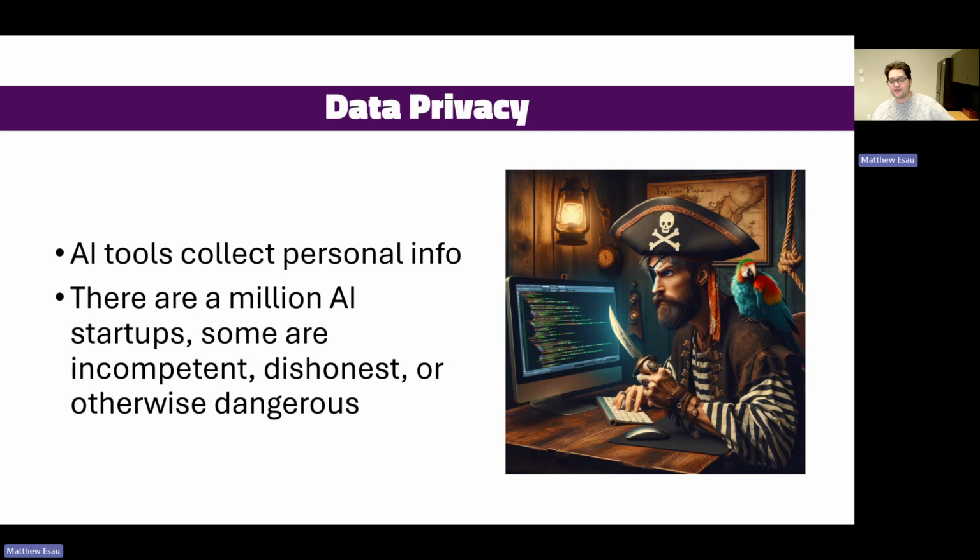And there's a million AI startups, most of which are, I'm sure, very honest and moral. But with so many and with so much money at stake, there's going to be some bad actors in there, some who are incompetent or dishonest or otherwise dangerous, trying to steal your money. So be very careful with the data that you're giving out into AI programs.